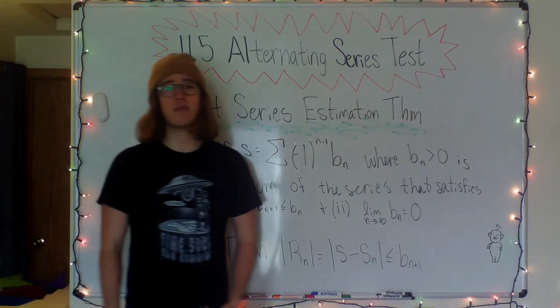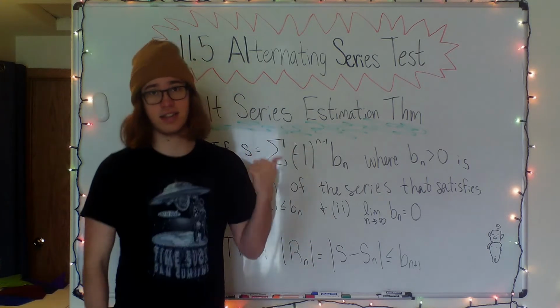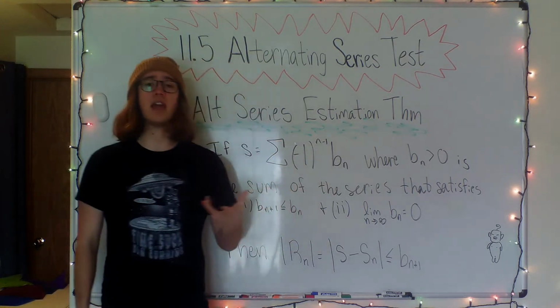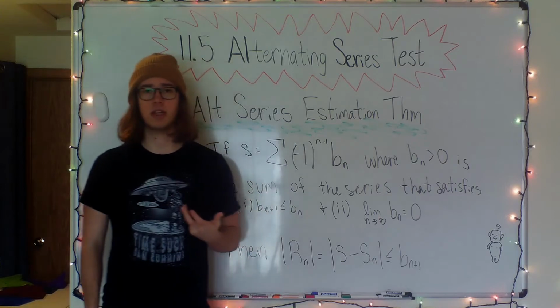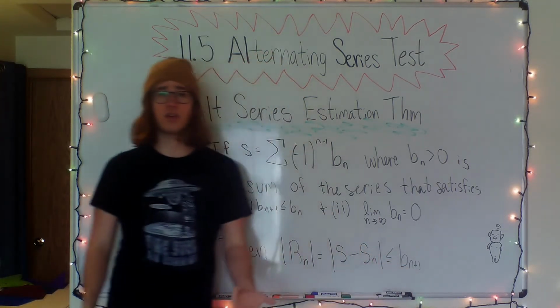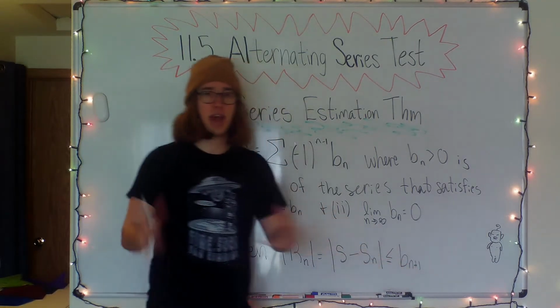So then if, for example, in one of these suggested homework problems that I'm going to be doing in less than 2 minutes, maybe more like 3 minutes, it asks, hey, approximate it to 4 decimal places. Well, if you can find where this b sub n is at 4 decimal places, we can see the remainder is going to be less than that number.